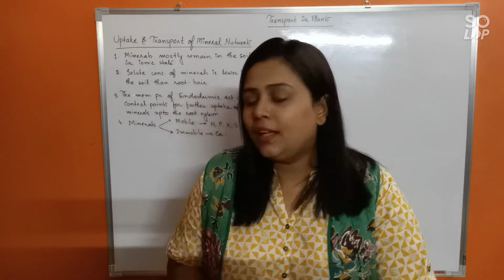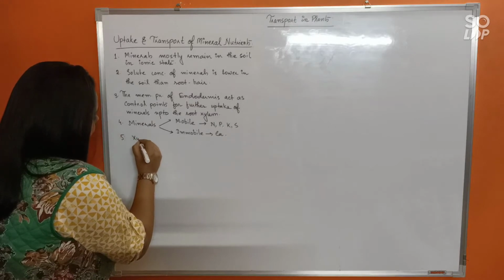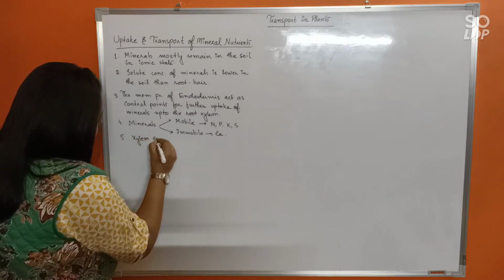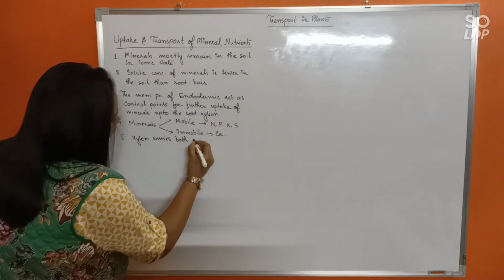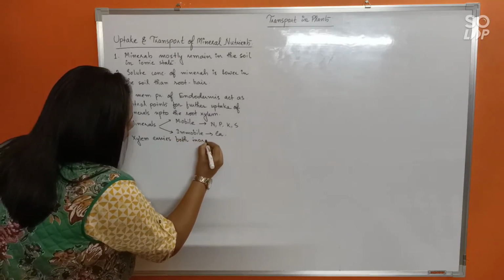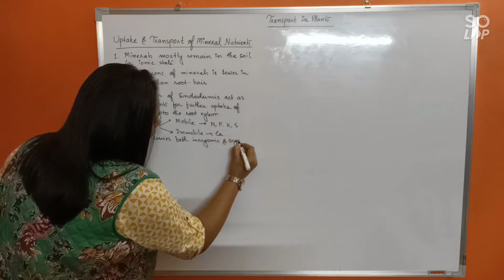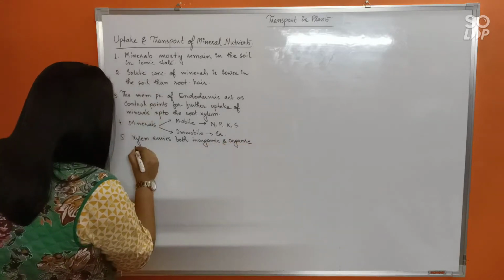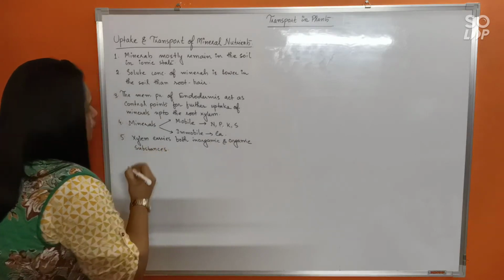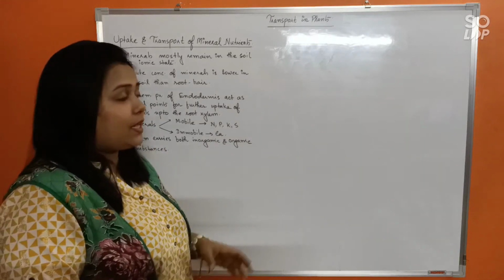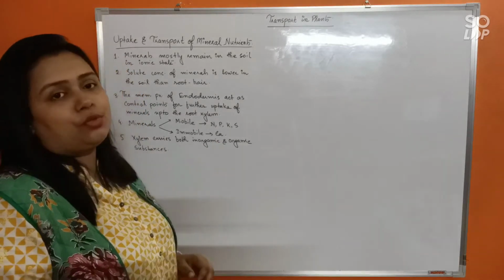Is that clear? So let's make it a point again: xylem carries both inorganic and organic substances. These are certain important points that you must remember from uptake and transport of mineral nutrients.